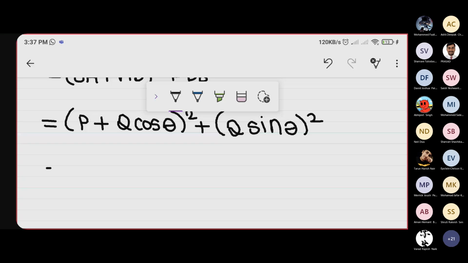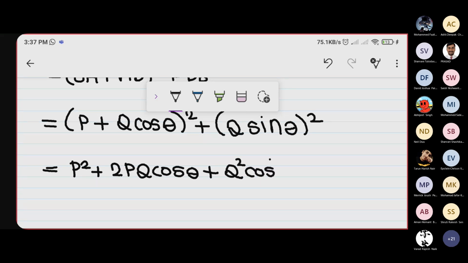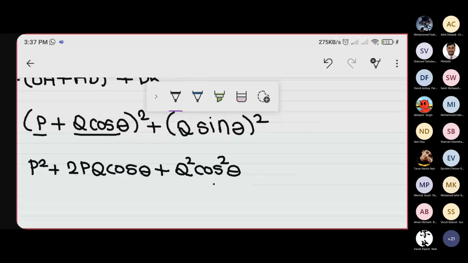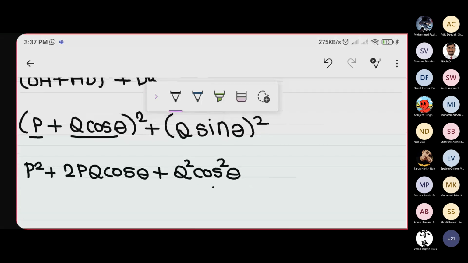So the answer will be P square plus 2PQ cos theta plus Q square cos square theta. See what I have done? First term square, second term square here, and the remaining is 2 into the terms, plus Q square sin square theta.